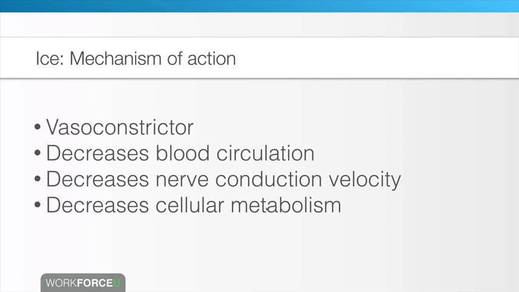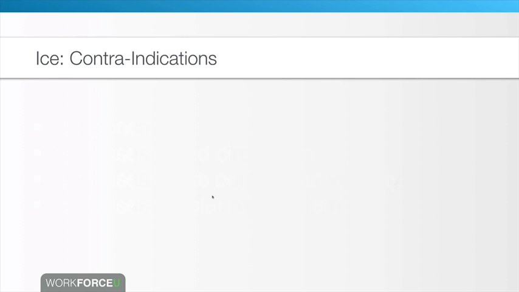But it underscores how decreased cellular metabolism can affect a recovery. So using ice is one of the most powerful things we can use on someone who has a new injury, to decrease swelling and decrease the damage that happens from the natural healing process. And hopefully you'll remember that by those stories.